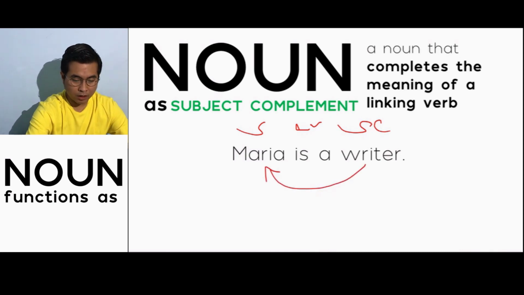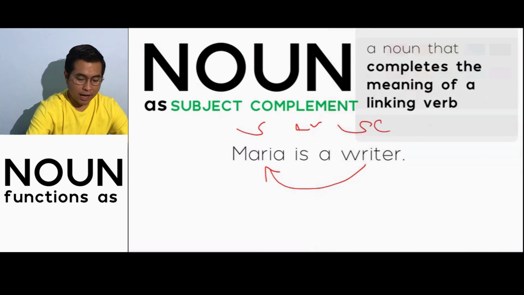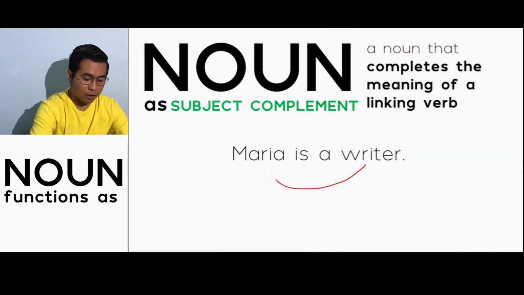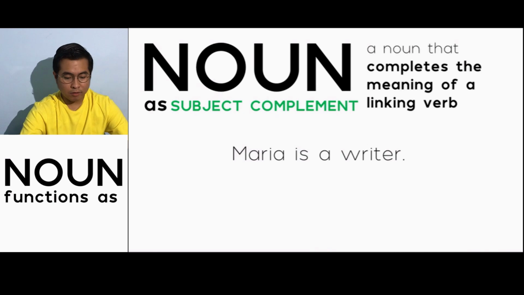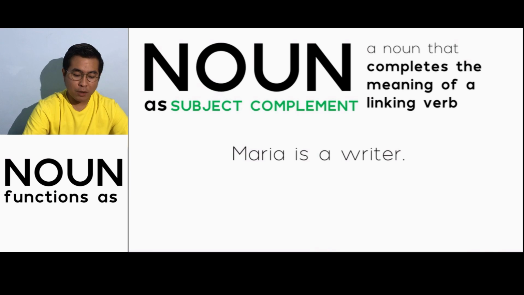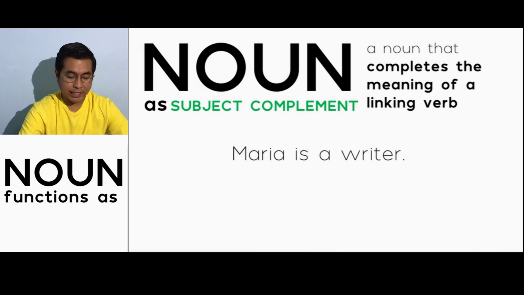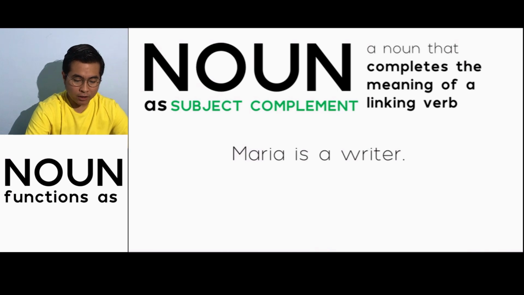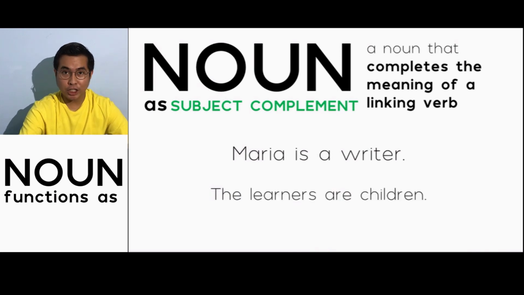Now remember that when we talk about the subject complement, you will always have a linking verb before it and not an action verb, just like a while ago, writes. That's why we changed the verb into a linking verb. Here we have is. The next example, we have the learners are children.